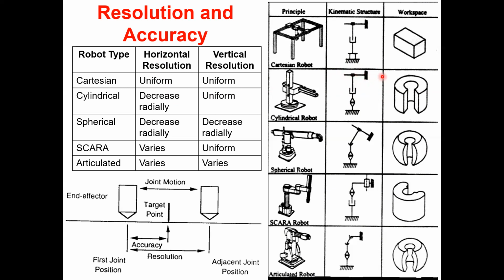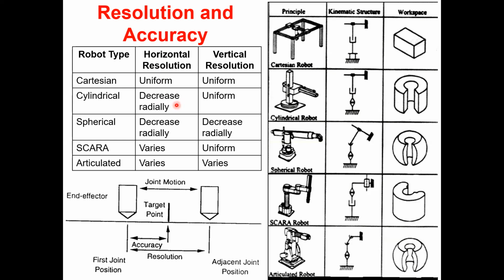But if you have a longer radius and rotate for a very small angle, you get a sizable distance at the end point. Therefore your horizontal resolution drops as you increase the radius.